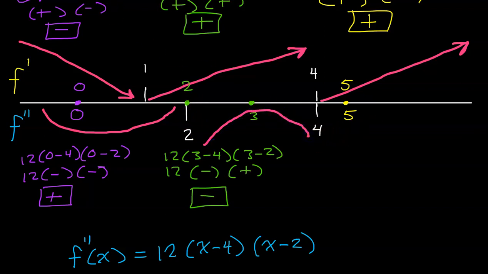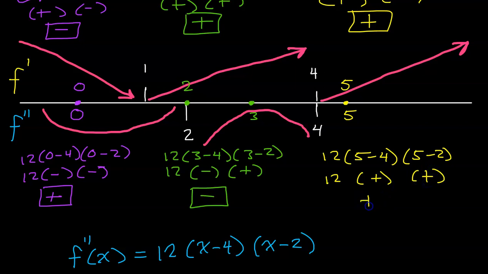So in the final interval, we will have 12 times 5 minus 4 times 5 minus 2. So we will have 12 times a positive times a positive. So a net value of positive, which tells us that once again in this interval, the function is concave upward.